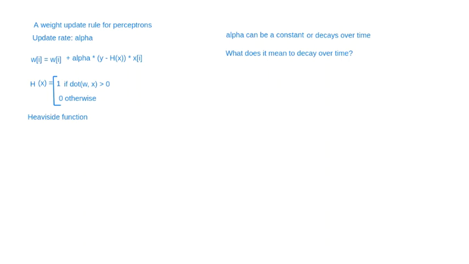Okay, so what's going to happen in our formula here, in our update formula? If the output is correct, then the weights remain unchanged. Okay, so that's what we just said.